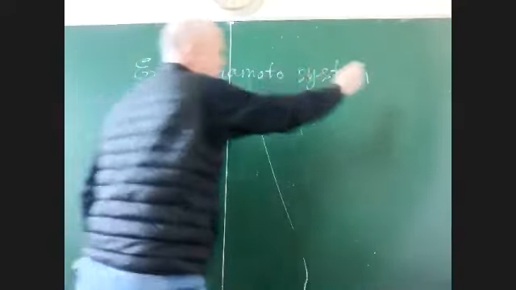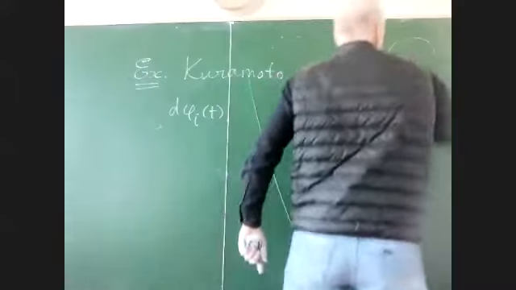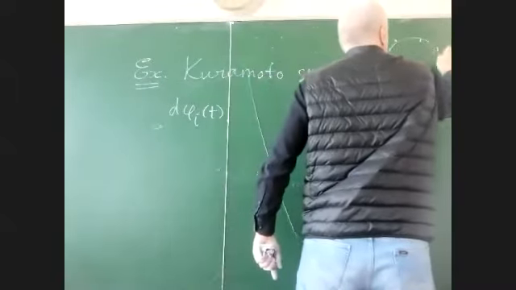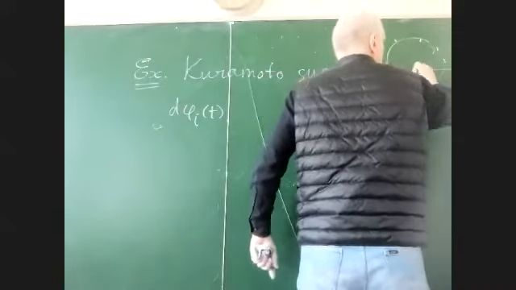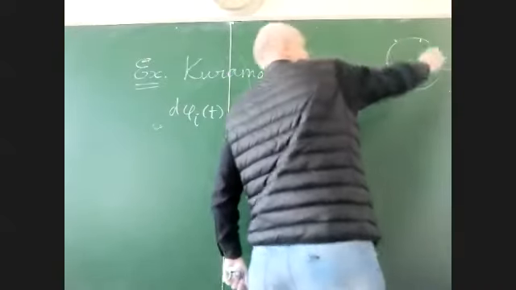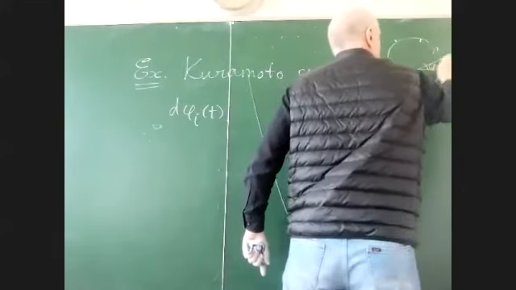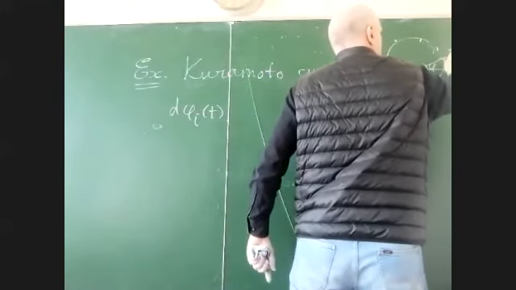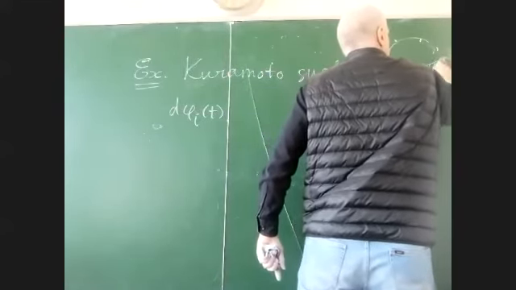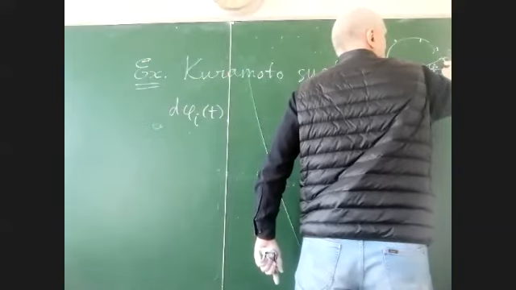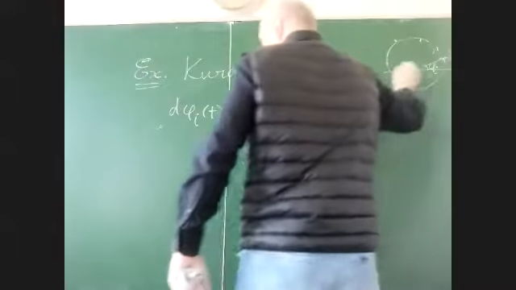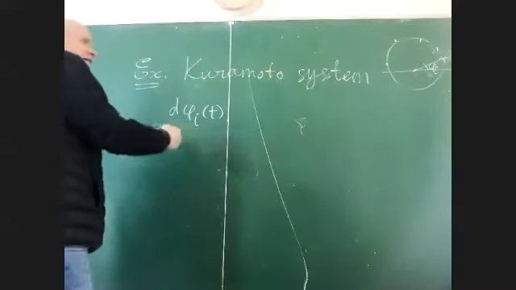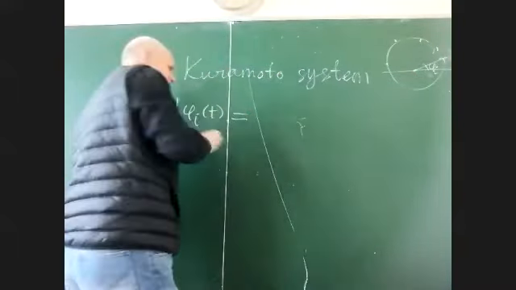We have a point on the circle, and as usual, we identify the position of the points by this angle. So this is the equation for the angle.